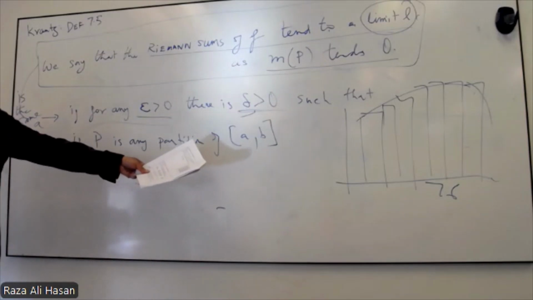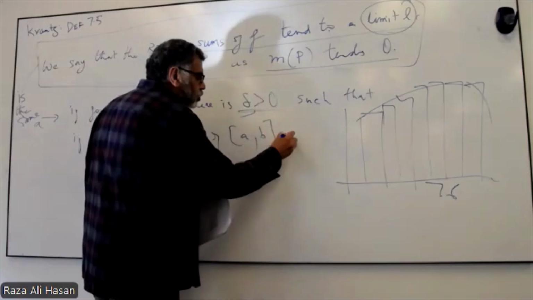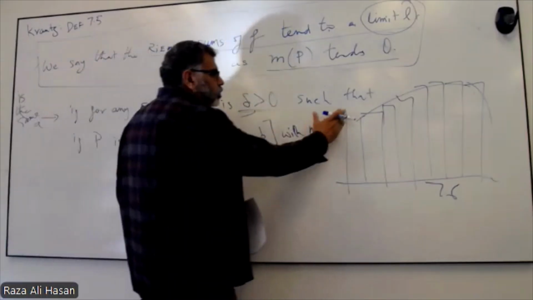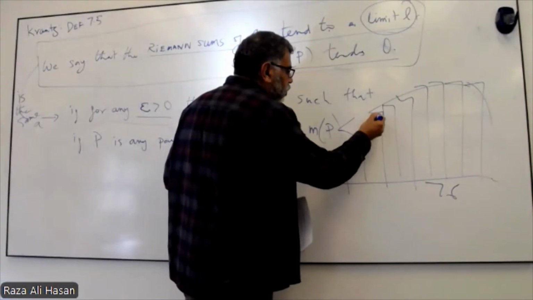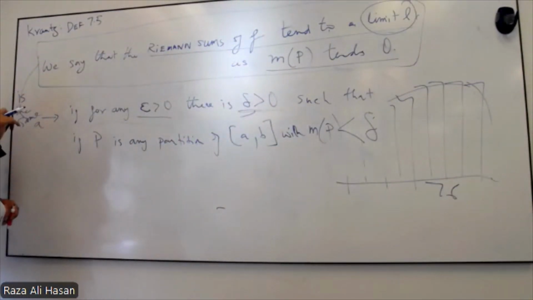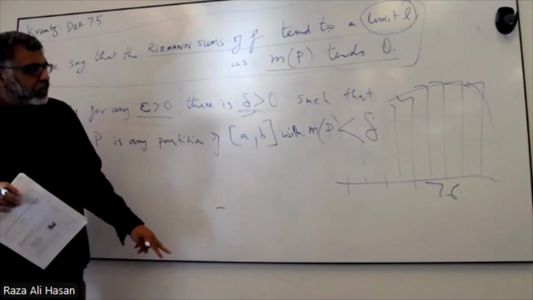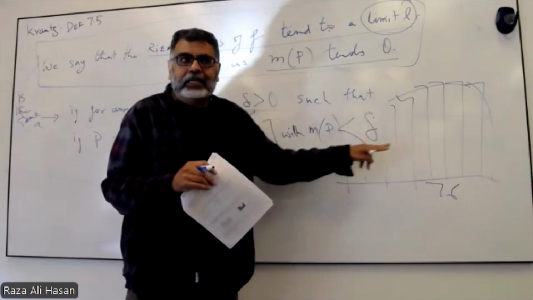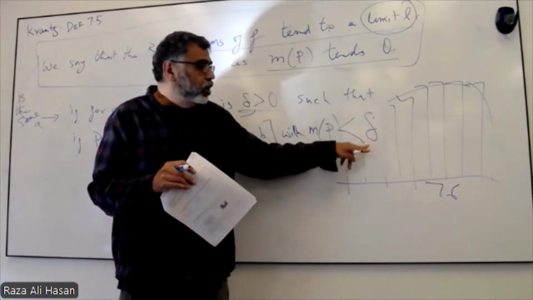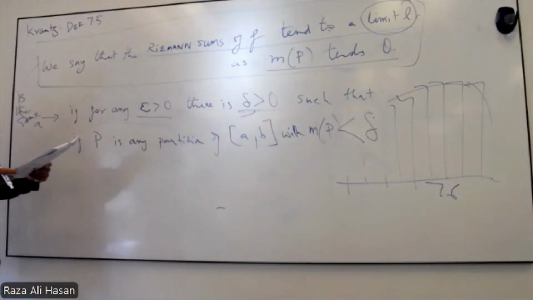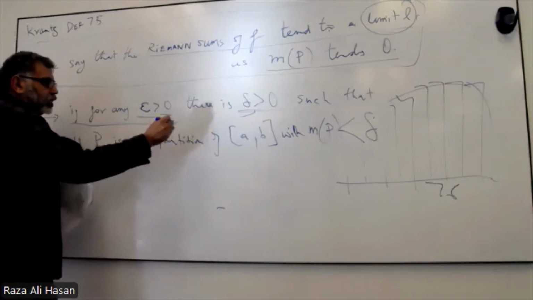If P is a partition of this [a, b]. So if we have a situation where we have partitioned the closed interval on which the function is defined, and the widest length of the base for our rectangles is smaller than this delta that we figured out from the epsilon that was given to us, because this statement happens first.